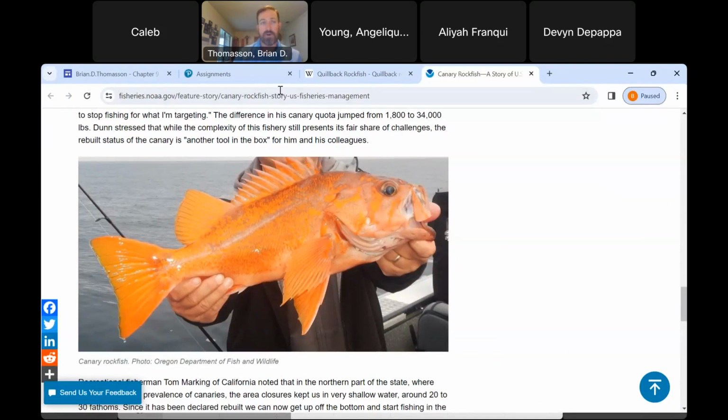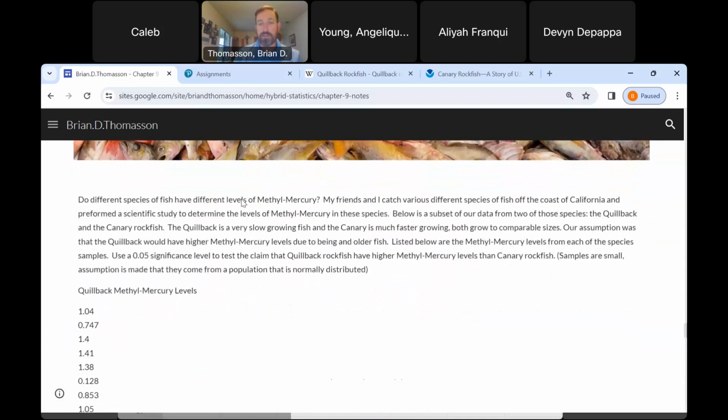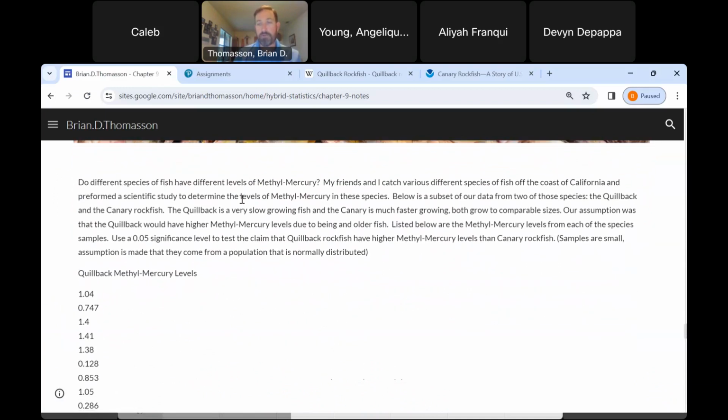Our thought was the older, slower growing fish is going to have more methylmercury, because over time it's going to eat more squid and shrimp and crabs and small fish and so forth. Each time the quillback is eating, over years, it's going to get a little bit of mercury, a little bit of mercury, and so forth.